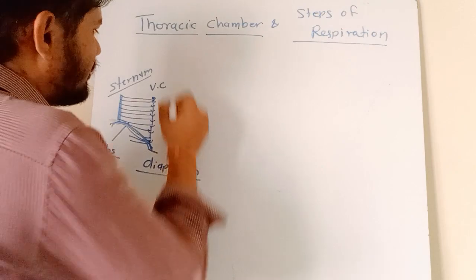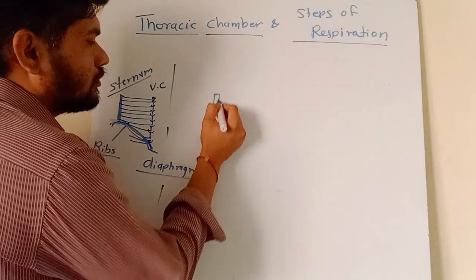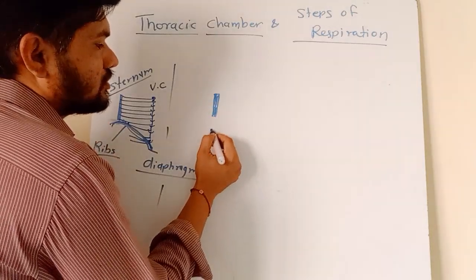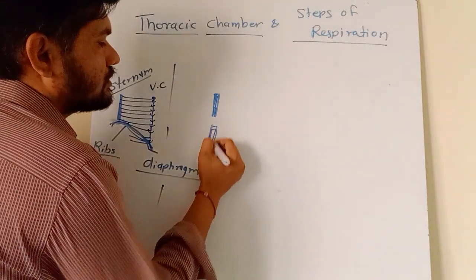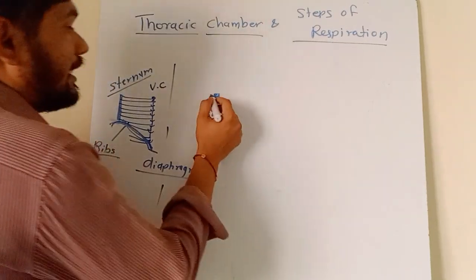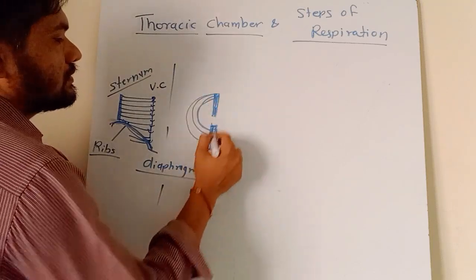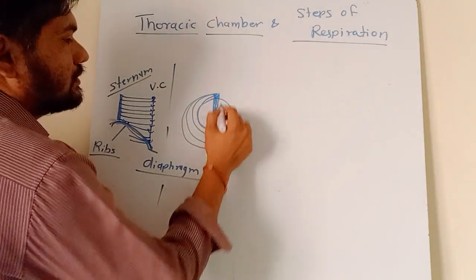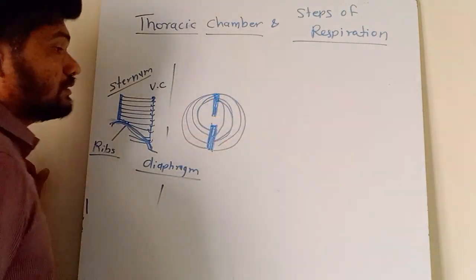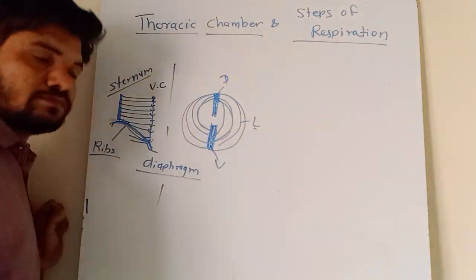If I draw another diagram here, suppose this is your vertebral column, and on the ventral side this is your sternum, and laterally there are ribs present, like this, like this. This is the dorsal side, this is the ventral side, this is the lateral side.